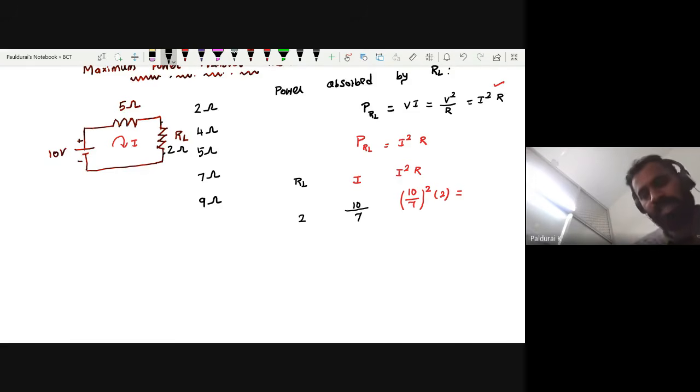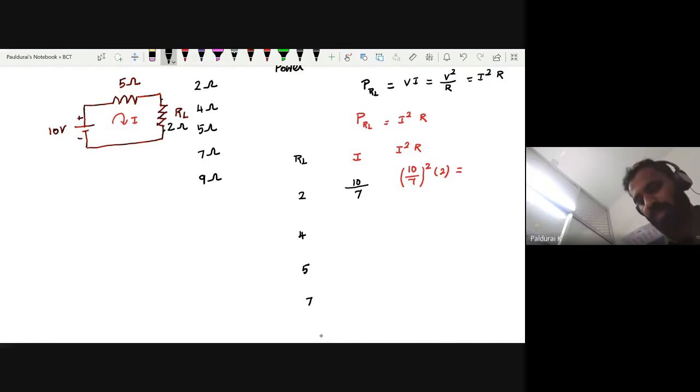Similarly, you can take 4 ohm, 5 ohm, 7 ohm, and finally 9 ohm. If you take 4 ohm, current I equal to V by R. This time V is constant 10, but 5 plus 4, 9. This time 10 divided by 5 plus 5, 10. This time 10 divided by 5 plus 7, 12.